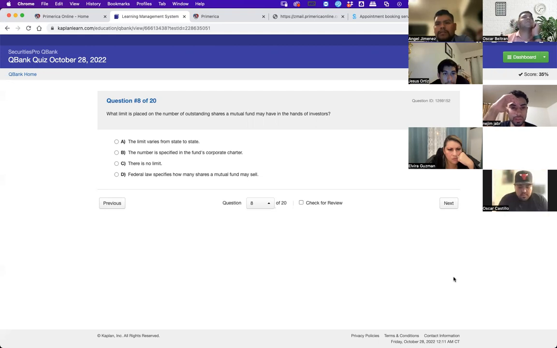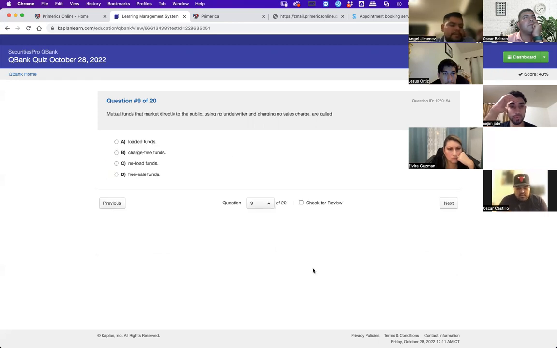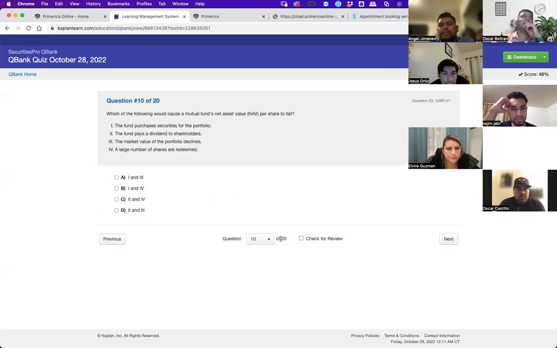C. There it is. All right, mutual funds that market directly to the public using no underwriting and charge no sales charge are called no-load funds. C. There it is. Which of the following would cause a mutual fund's net asset value per share to fall?